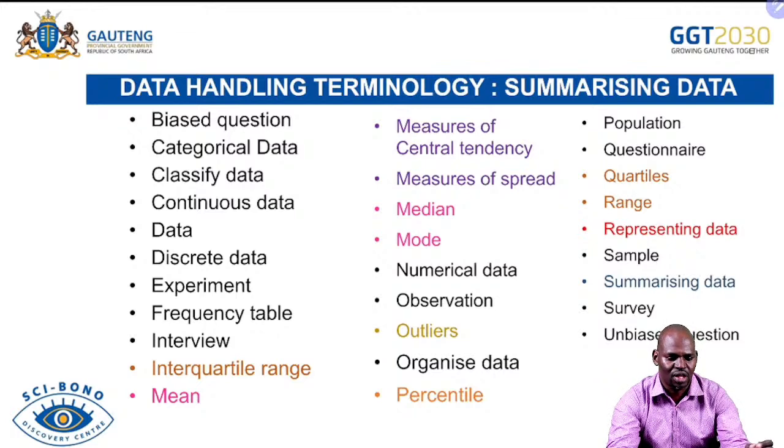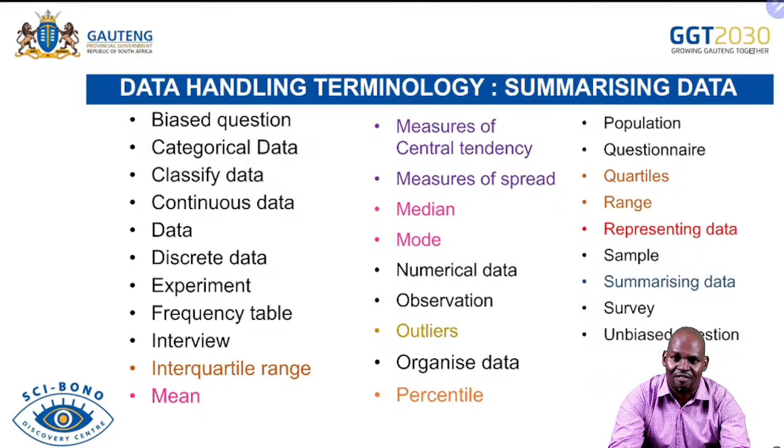So for summarizing data, the following terminologies are very important. And remember, terminologies are part of examination. So it's very important that for each and every topic or section, you know the terminologies.